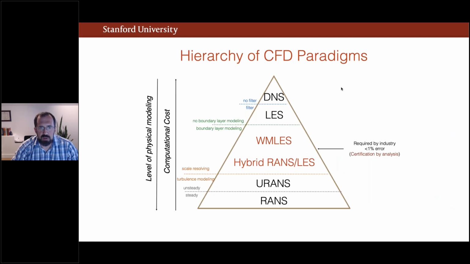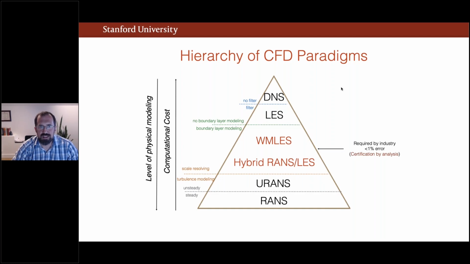Before I get into the development and use of the scale resolving methods in SU2, I wanted to show a bit of a hierarchy of CFD methods for the simulation of turbulent flow. As mentioned in other talks, steady RANS has been the, quote unquote, workhorse for the practical simulation of real world turbulent flow for a long time.